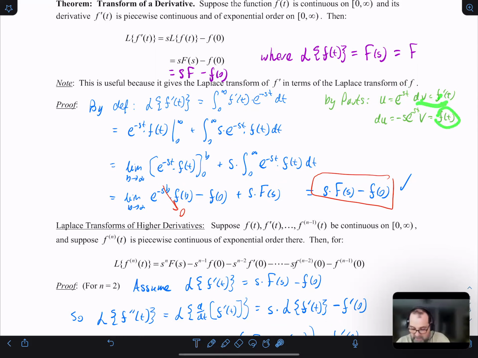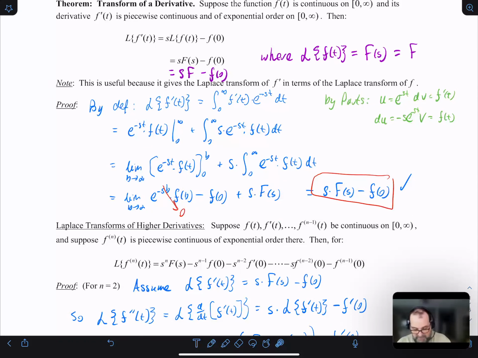We know the antiderivative of f prime is f, and I can differentiate e to the minus st. I would get minus s e to the minus st. So by parts says we get uv, so e to the minus st f of t from 0 to infinity, plus the integral of v du. So v du is the product of these two. So there is a minus minus plus s e to the minus st f of t dt.